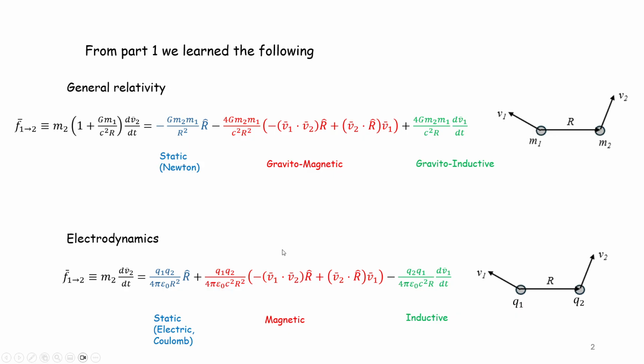And we have a similar formula in electrodynamics, and that's very important because what we will do when we derive the Lense-Thirring effect is to use the corresponding formula from electrodynamics and then convert it to general relativity, that is gravitation.